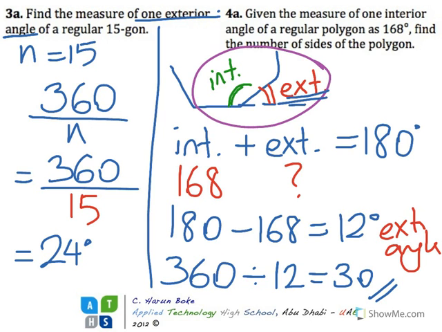This means there are 30 sides of this polygon, which is a 30-gon. So what we did here is we found the measure of one exterior angle, and then we divided 360 by this measure, which is 12, to find the number of exterior angles, which is equal to the number of sides. That's how I find the number of sides of this polygon.